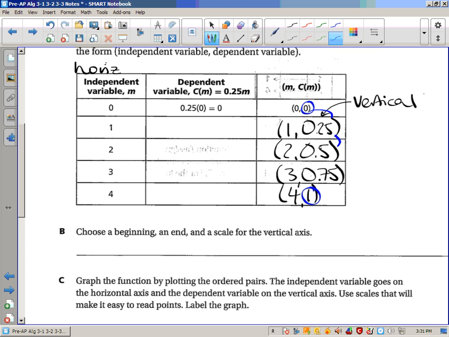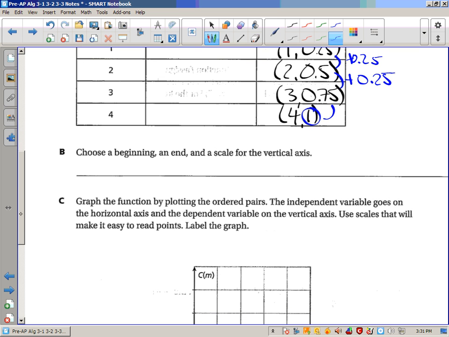So from output to output, it looks like I add 0.25 each time. So 0.25 would probably be a good scale to use. So let's make our beginning 0, our end 1, and our scale 0.25.